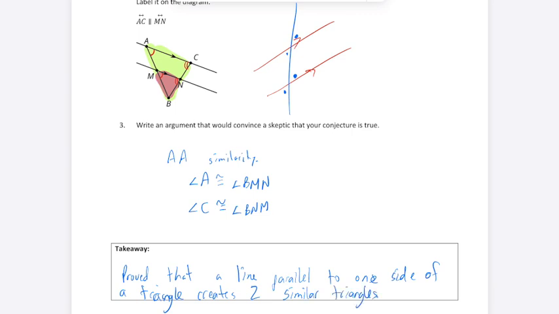And if you have 2 similar triangles, that means that it splits the sides proportionally. All right, because remember the side ratios are the same.